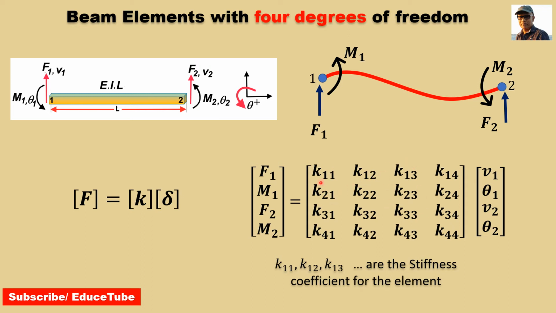Because the column of stiffness coefficients is the set of forces and moments corresponding to the set of displacements and rotations. And through analysis, we have to get these 16 terms. So let's see how to get that. Very important points.